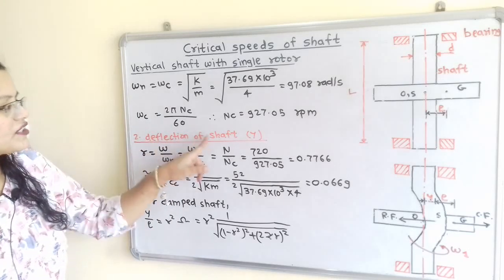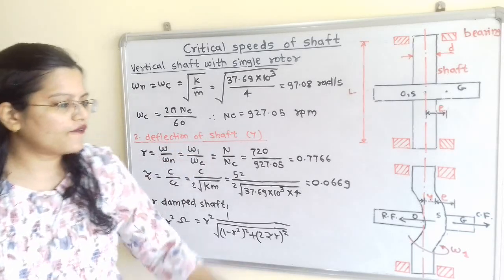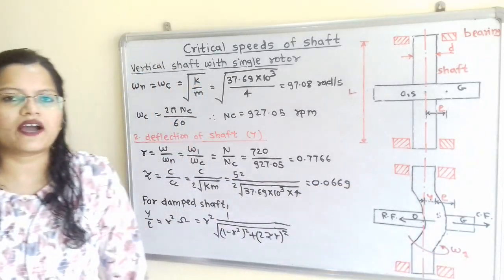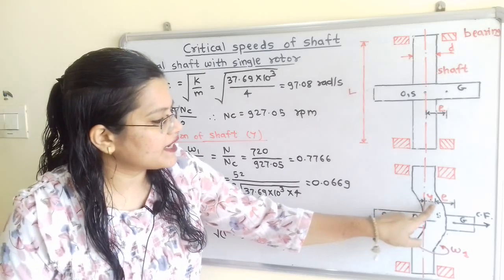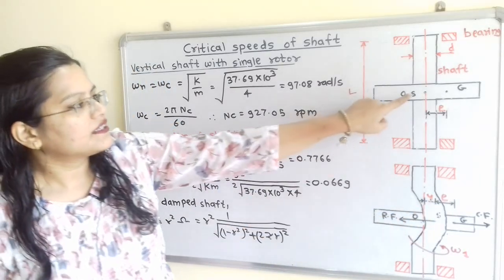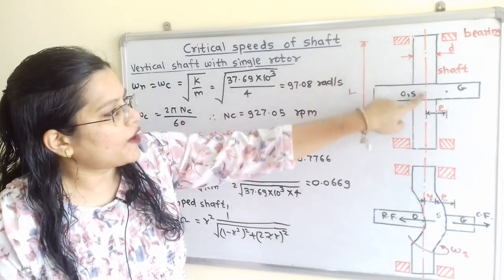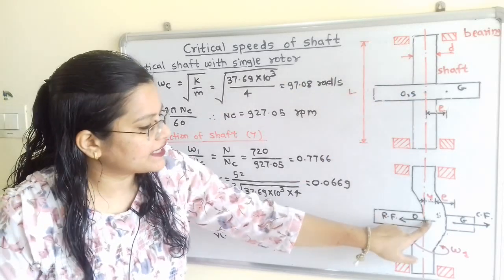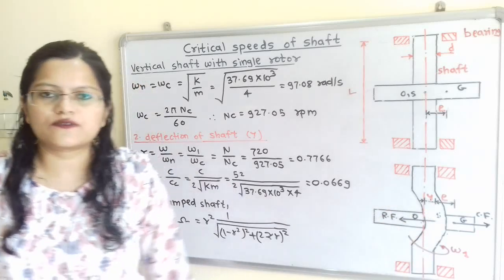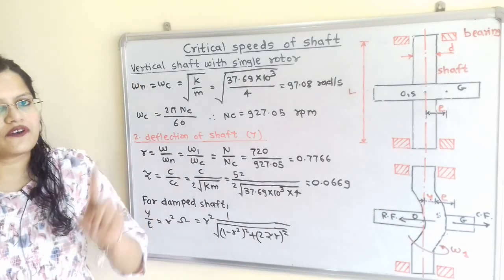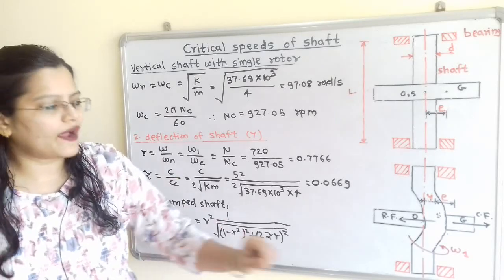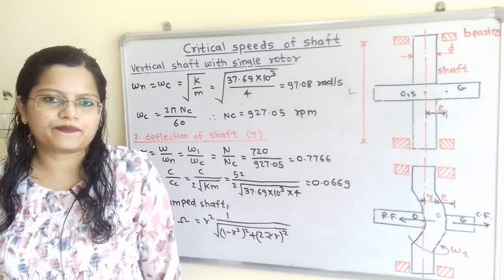We have to find the deflection of the shaft. When this shaft rotates with angular velocity omega 1, there is a deflection in the shaft. That is, the geometric point S on the geometric axis gets shifted by a distance y because of the rotation of the shaft, so we have to find this value of y.